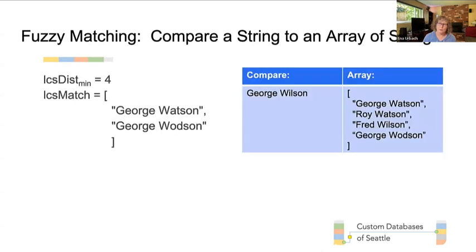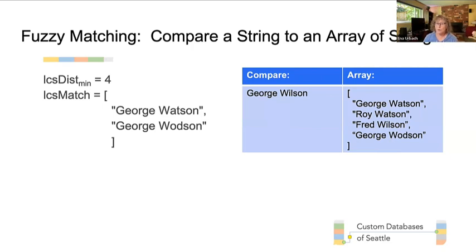So moving ahead to what exactly I wanted to do: I wanted to compare a string to an array of strings. That is, one name, say, in a FileMaker record, to an array of different names in other records that could potentially be matches.